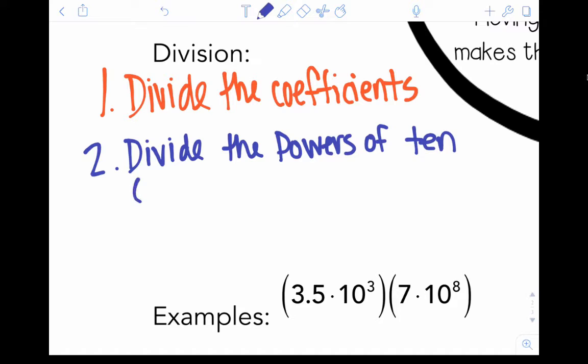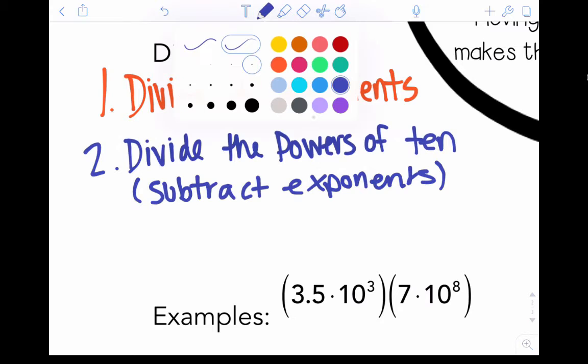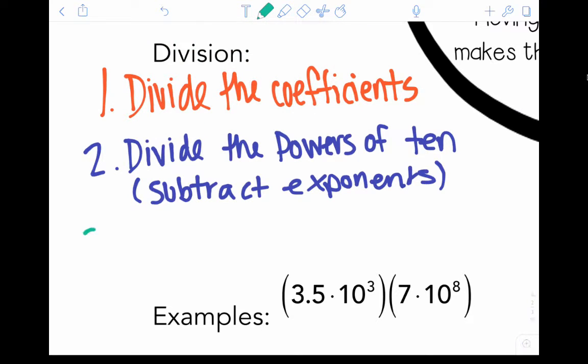Instead of adding the exponents, we're going to subtract the exponents. And then that final step, we will still rewrite in correct scientific notation.